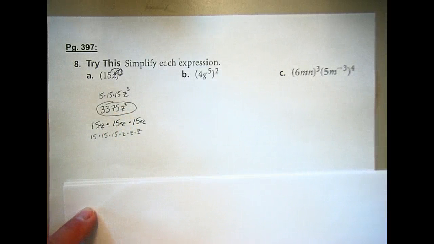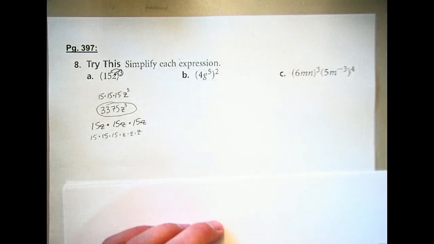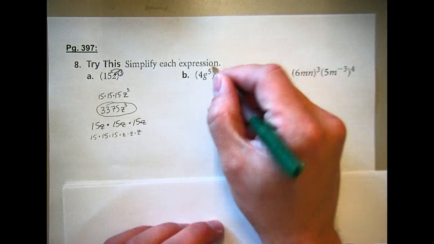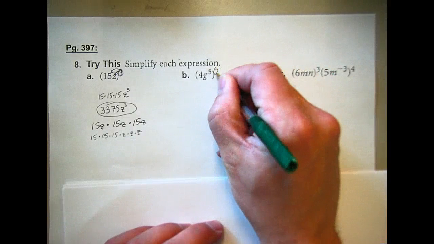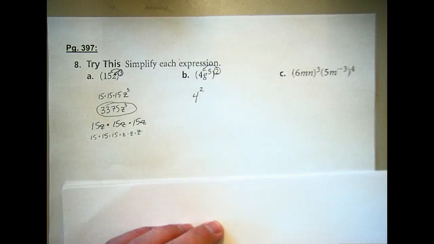So really the shortcut, can you summarize the shortcut there? What would I do for letter B? It'd be 4 to the second and the g. Okay, so it'd be 4 to the second. Wait, why don't you just do 4g to the 10th?